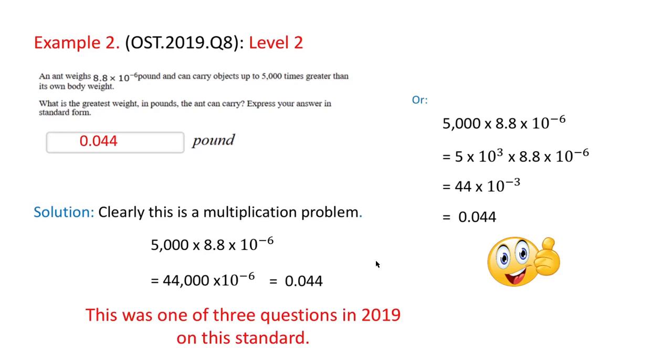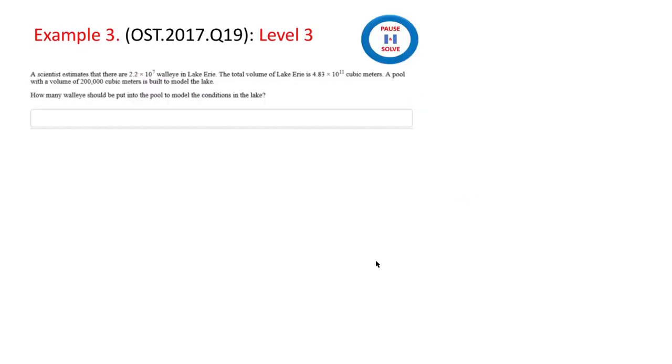This was one of 3 questions in 2019 on this standard. This question is interesting. It says a scientist estimates that there are 2.2 times 10 to the power 7 walleye in Lake Erie. That's kind of a fish.